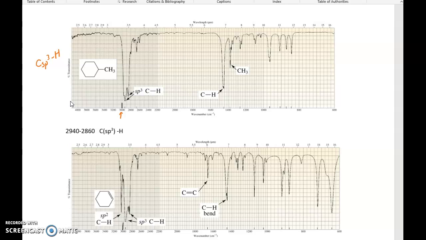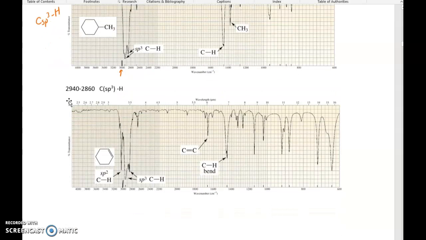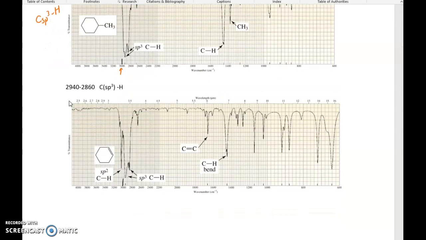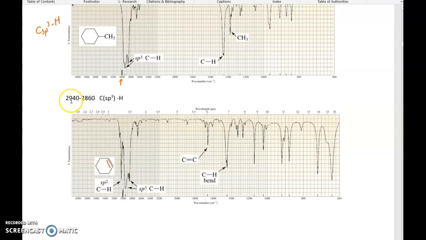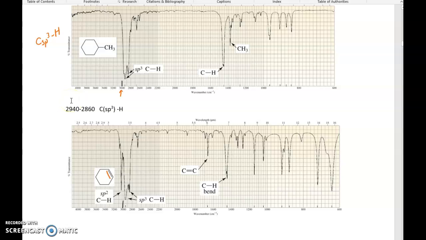If we look at the next molecule here, we've introduced a double bond, and now we have a peak that wasn't in the absorption spectrum below. We have this new peak here.